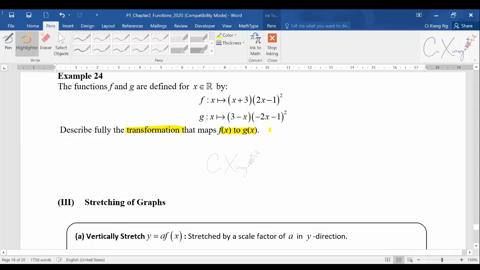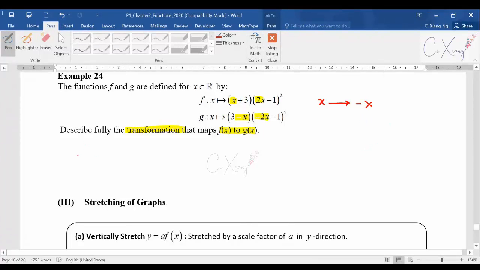For this kind of question, the pattern is almost the same. You try to look for the difference between these two functions. If you look at the x here, plus 3 is still plus 3, the value is still the same. But x becomes negative x. This is the difference. Overall the pattern is still the same, but the 2x here becomes negative 2x. That means you should suspect that x has been changed to negative x. Understand what I said or not?